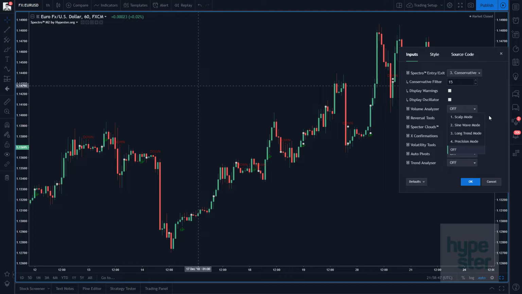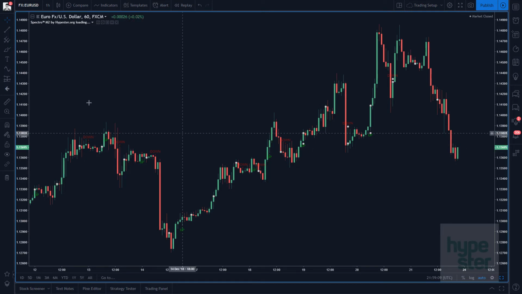The scalping mode is the most reactive, I apologize. It's the one that offers the fastest signal, but yet, if you're trading a longer trend, a longer position, it might not be the best for you. For instance, scalp mode, right? Let's turn the scalp mode on so you see what I mean.